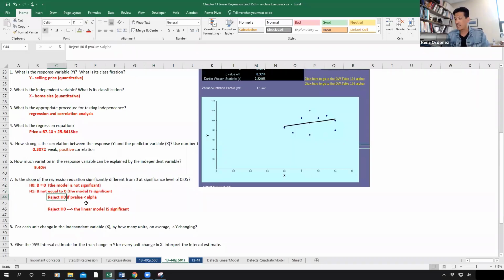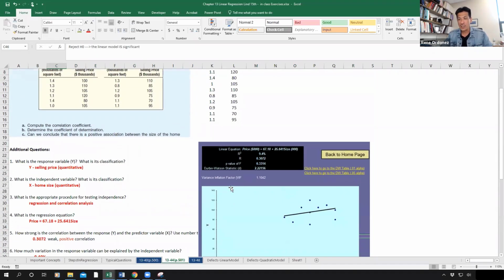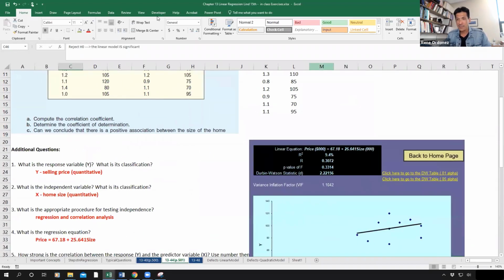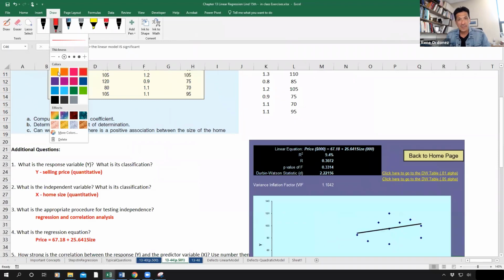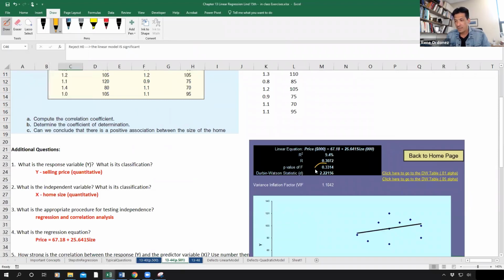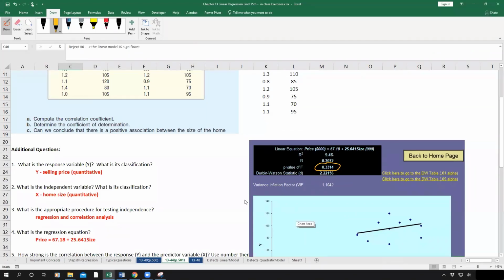Reject H0 if p-values are less than alpha. What is our conclusion? Look at your p-value. 0.3314.